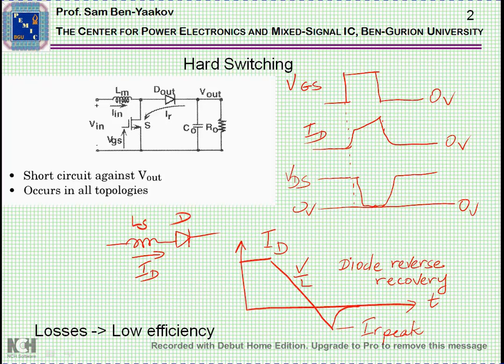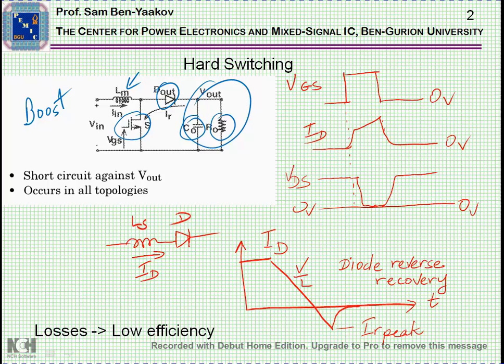As an example, I'm showing here a boost converter, which consists of a switcher, this is a MOSFET transistor, a series inductor, a diode, and an output section, which includes a R sub O representing the load.